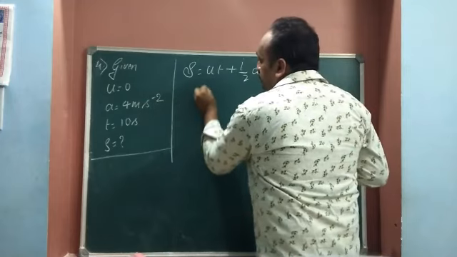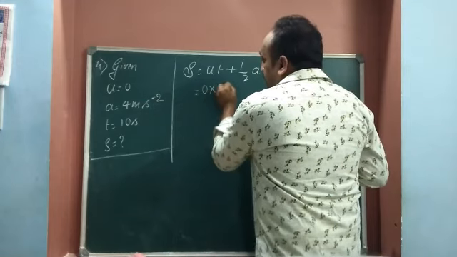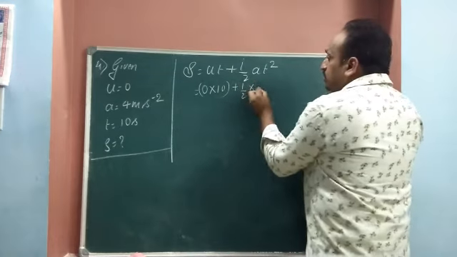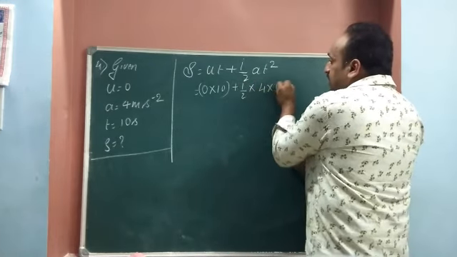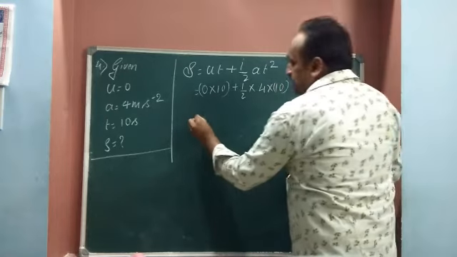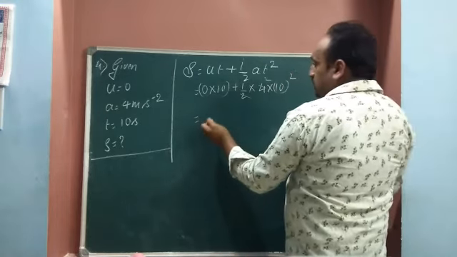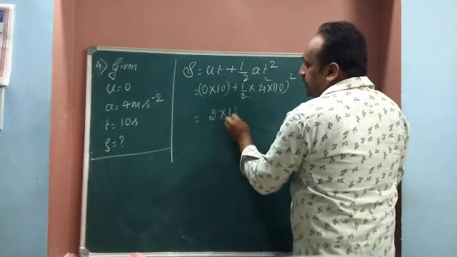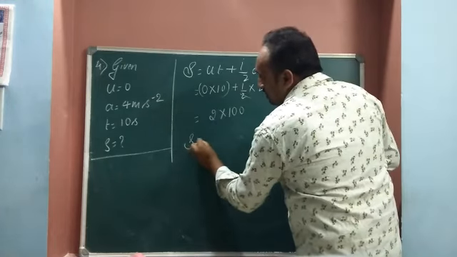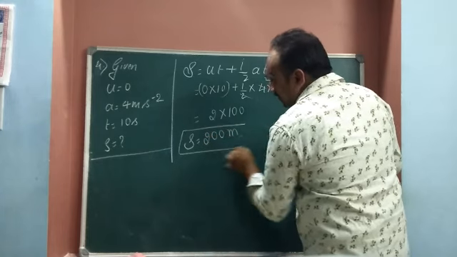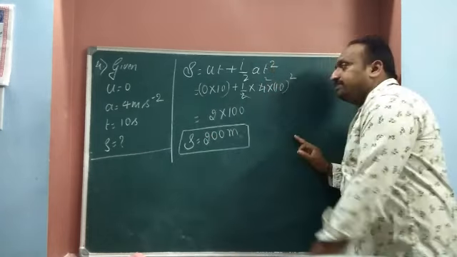Initially at rest, so 0 into 10 plus half into 4 into 10 square. So nothing but 2 2s are 4, so that is 2 into 100. s is equal to 200 meter. That's it.